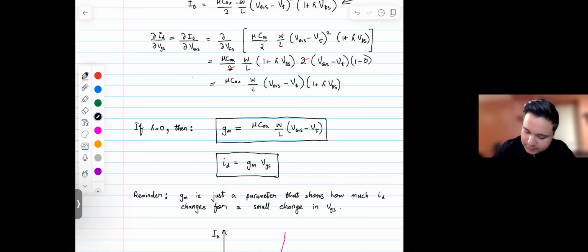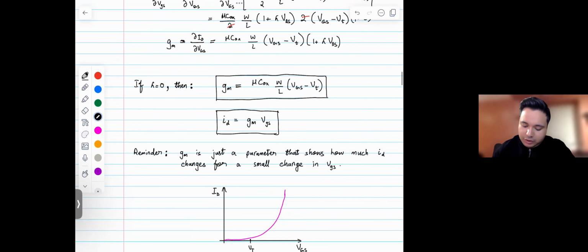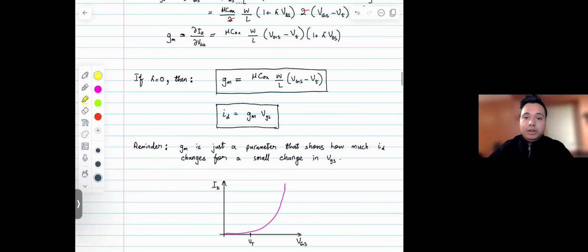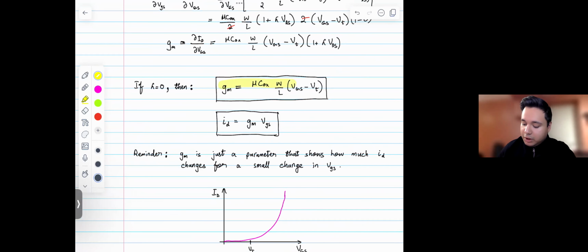And so that's the derivative of ID with respect to VGS. And we also define it as the GM, or the transconductance of the amplifier. If lambda is 0, or we're ignoring the channel length modulation effect, then we could also write GM as this, right?